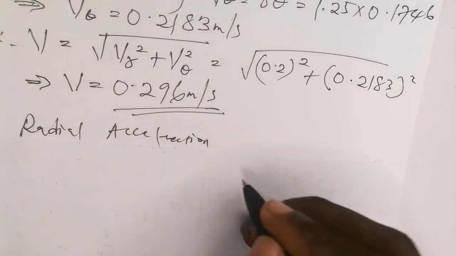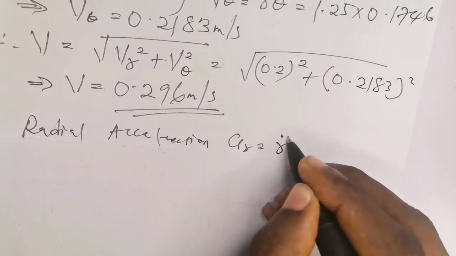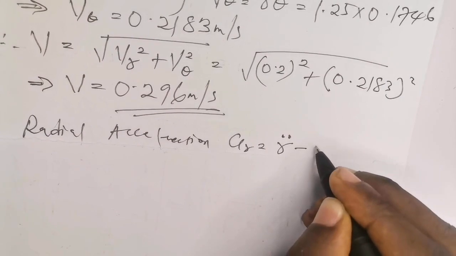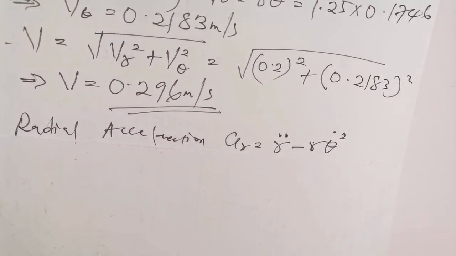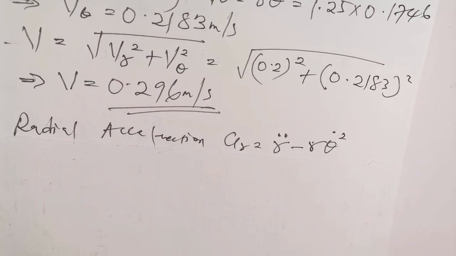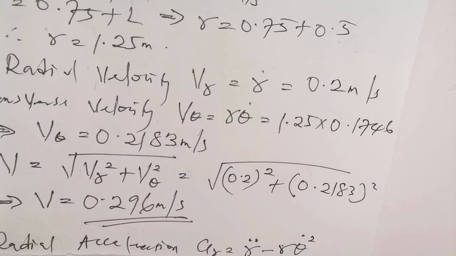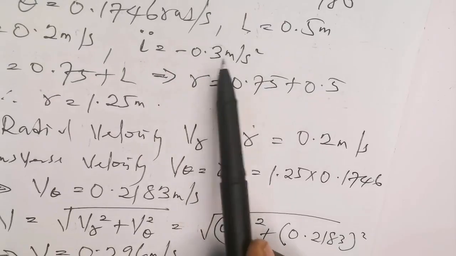And the radial acceleration a_r is given as r double dot minus r theta dot squared. Not forgetting, in the options you are given, r double dot is equal to negative 0.3.